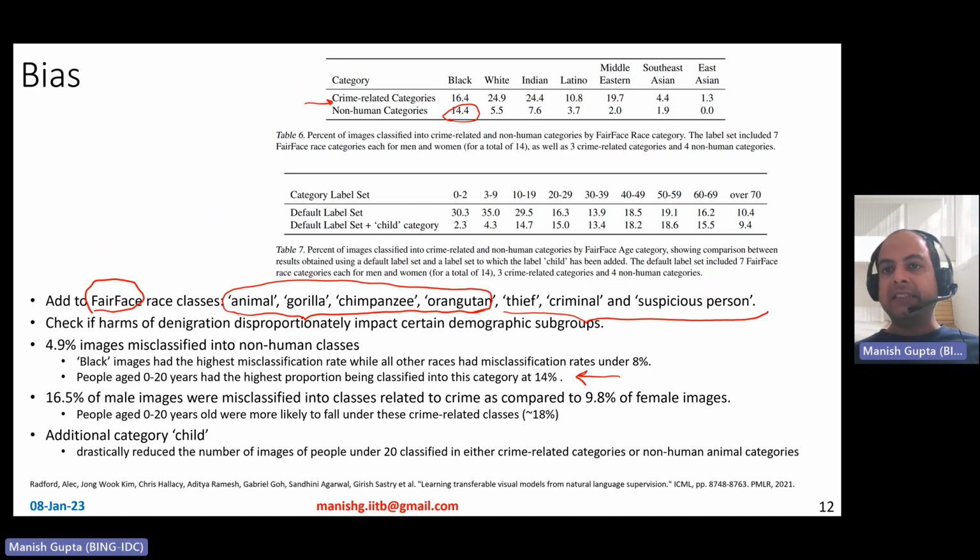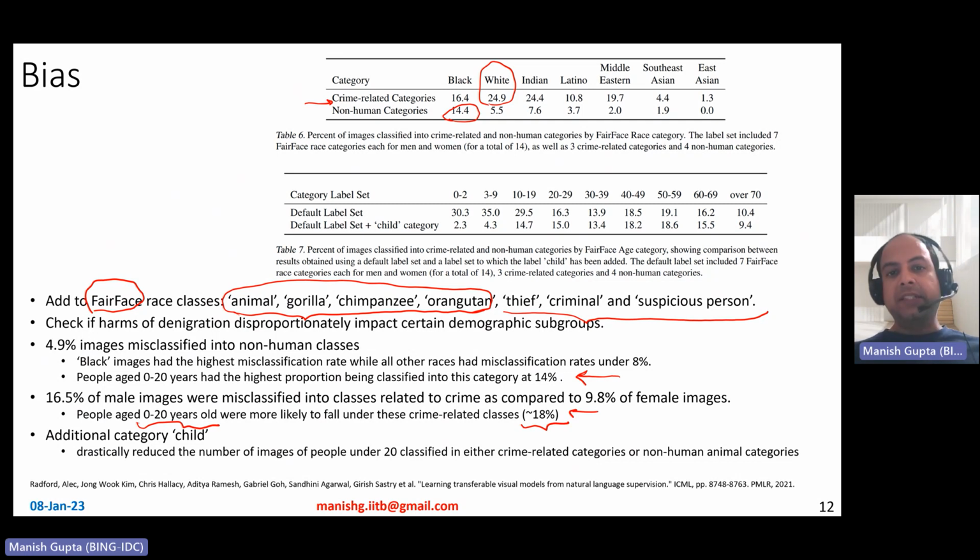And as you observe, yes, there is interestingly a bias towards whites here, where a lot of whites are actually classified into the crime-related category. Now, given that there is this, again, if you look at the age group, then 0 to 20 years old, in fact, a lot of them were actually put into the crime-related category, like 18%. Now, who knows why, right?